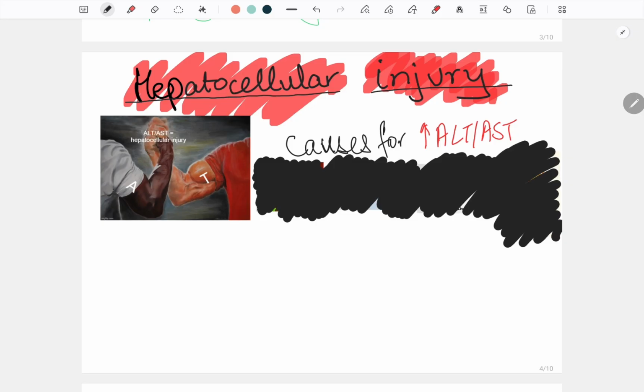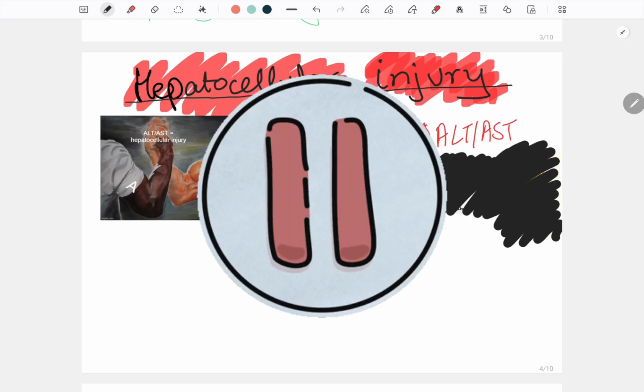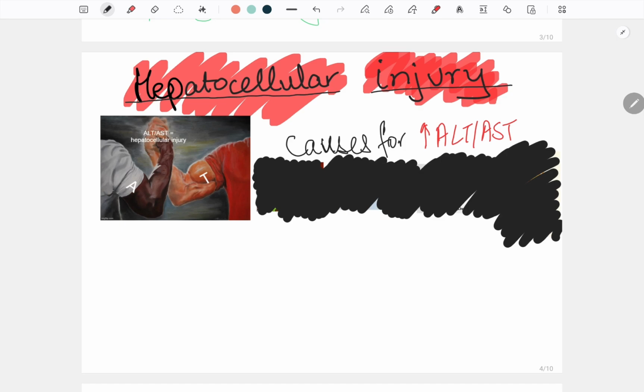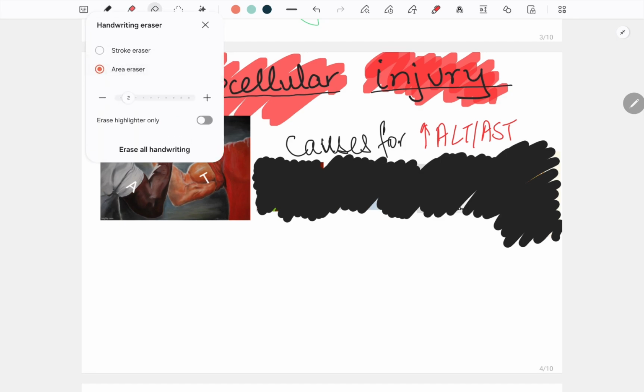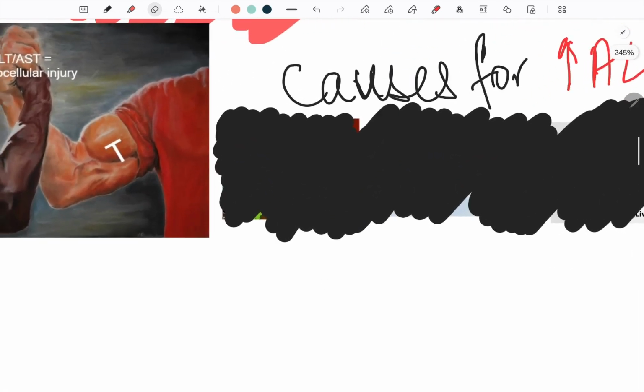So have a pause, have a think, and try to think about what can cause liver cells to be killed. Okay, so let's go through the first one together. There are many different possible answers, but I've managed to think of four. So here comes the first one.